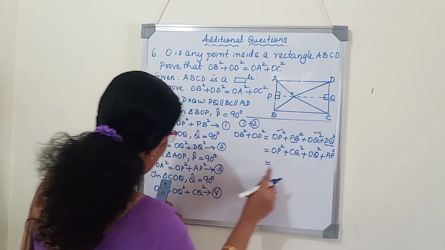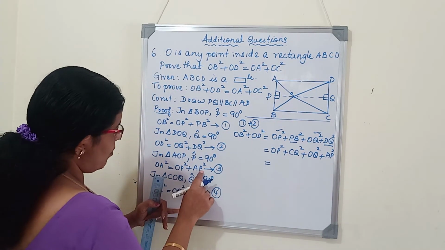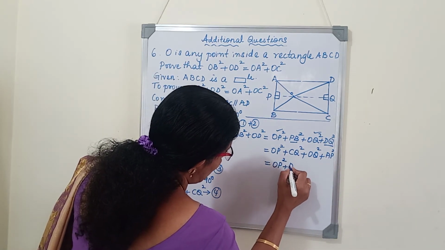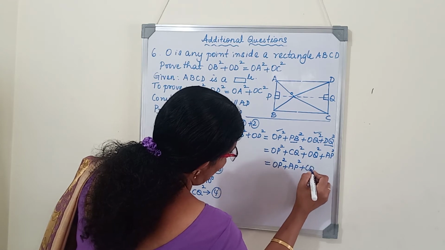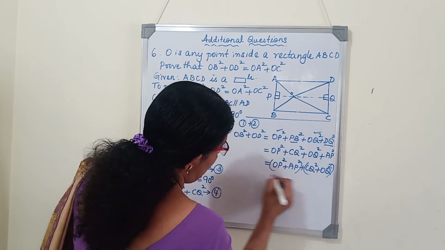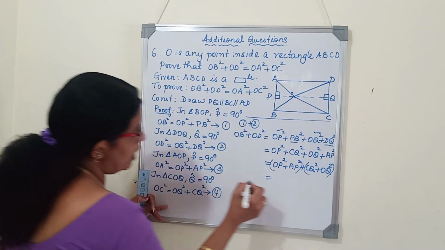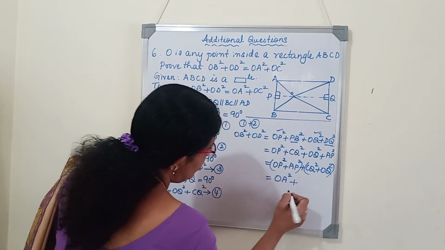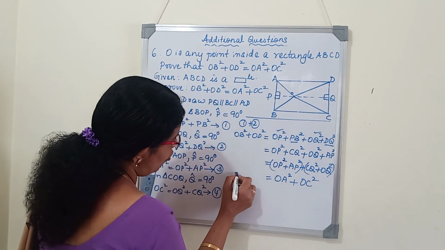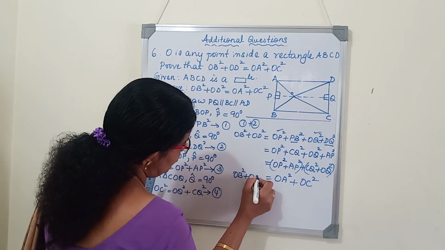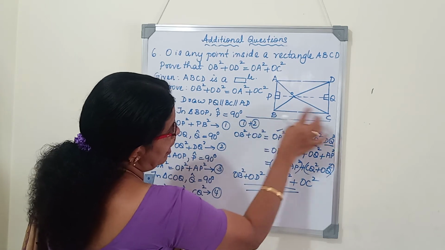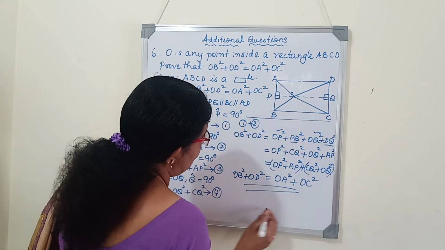Arranging, we get OP square plus AP square plus CQ square plus OQ square. Now OP square plus AP square is OA square and CQ square plus OQ square is OC square. So we prove that OB square plus OD square equals OA square plus OC square. Change PB as CQ and DQ as AP.